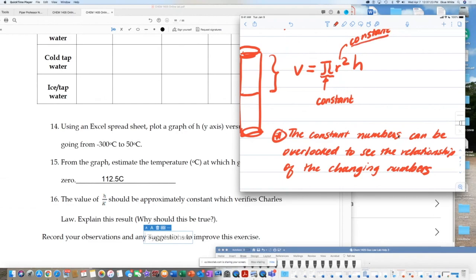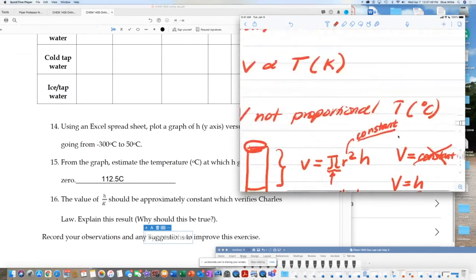So radius is constant, pi is constant. So technically, the volume is equal to constant times height, or you can just ignore the constant completely and say the volume is the height. So this whole time we weren't aware of this. Well, I was aware, but y'all weren't aware of this, that the height represents the volume.